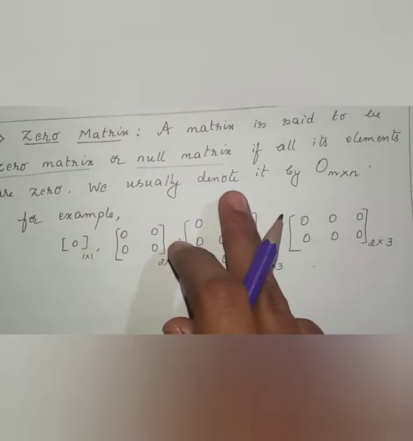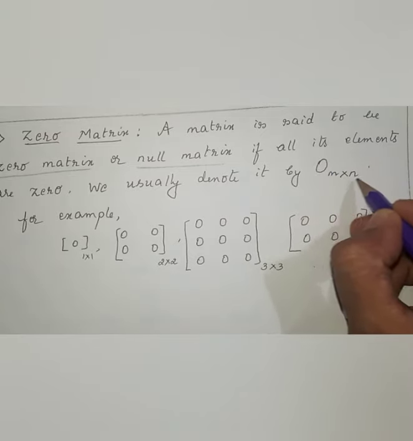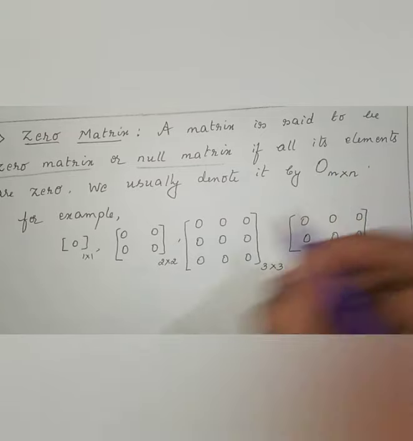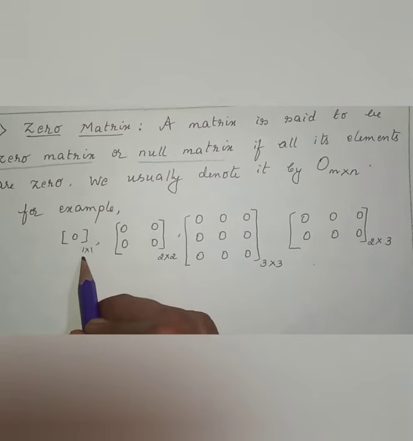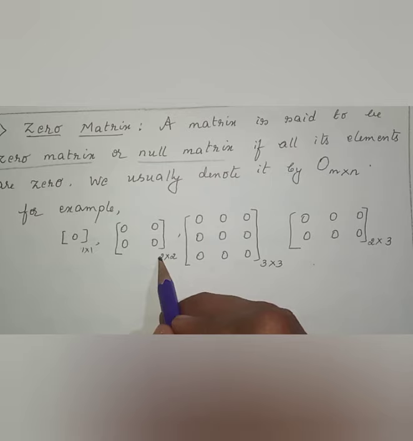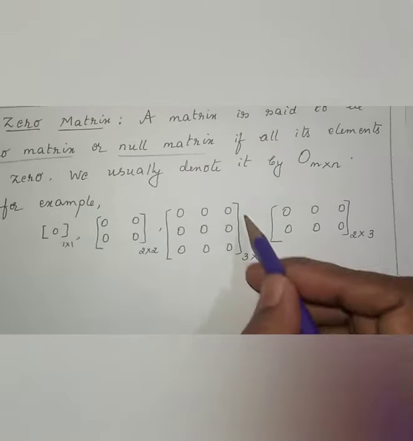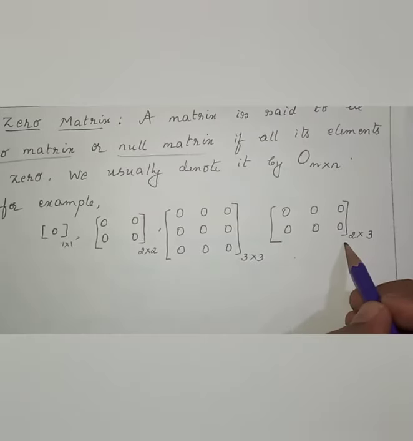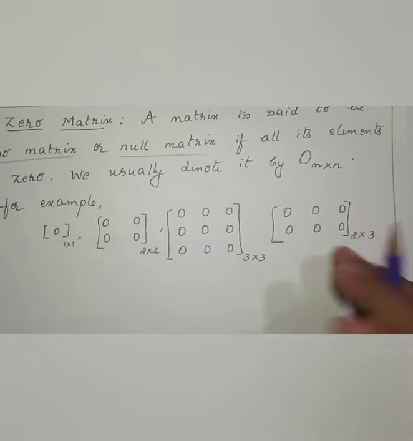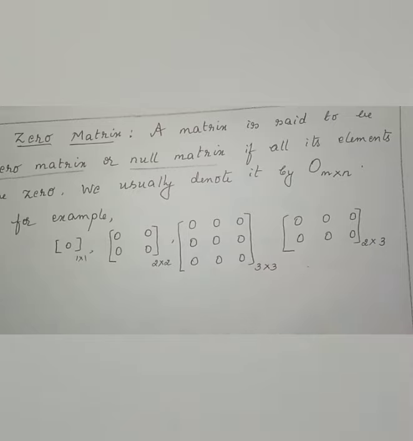So we usually denote it by 0 of order m by n. For example, this is a 0 matrix of order 1 by 1. This is a 0 matrix of order 2 by 2. A 0 matrix of order 3 by 3, all the entries 0. This is a 0 matrix of order 2 by 3. So these are examples. So these are the different types of matrices. Thank you.